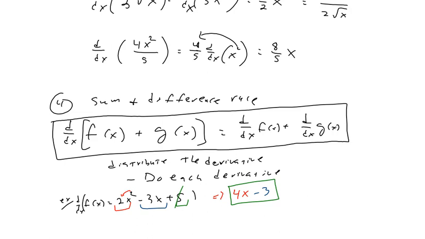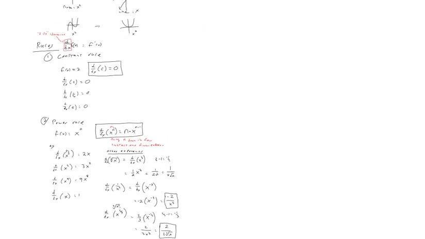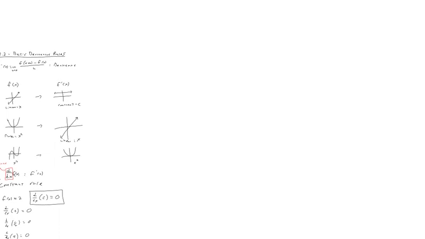What about something a little bit more complicated? Let's see, can I zoom out here? Let's go back over here. Let's have another section. So these rules, let's take an example.